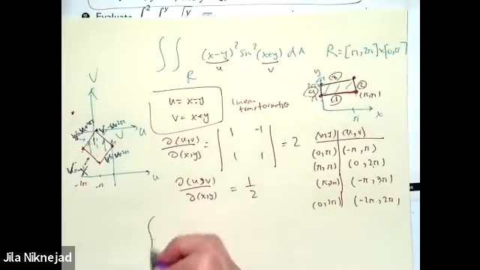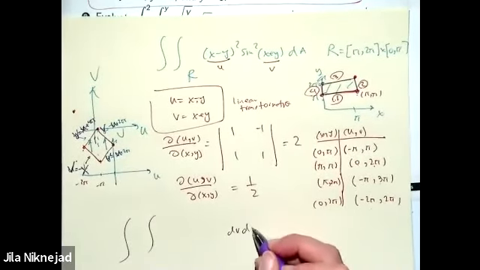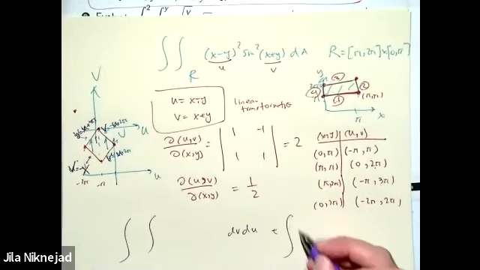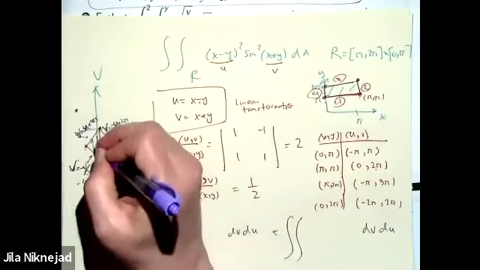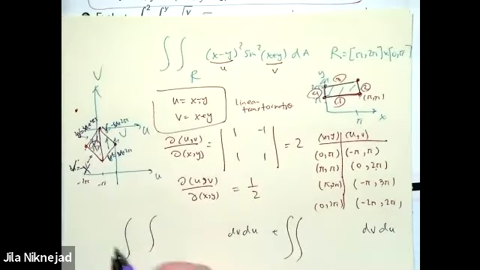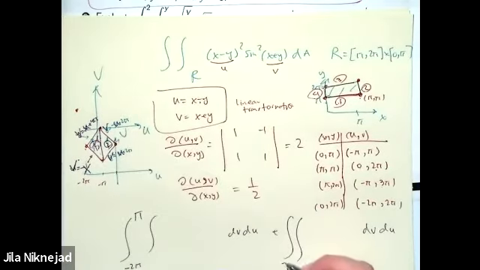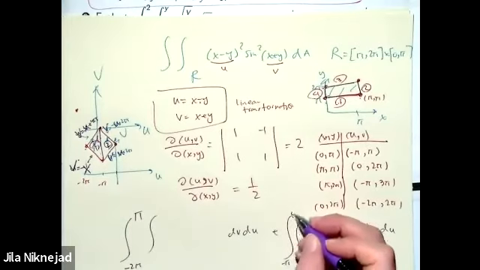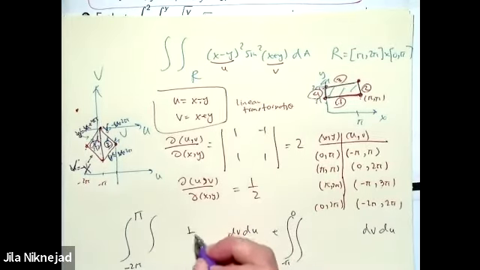Set them all up, 2 sets, dV inside, dU outside. This region 1, U goes from negative 2 pi to negative pi. The region 2 goes from minus pi to 0. And then don't forget the Jacobian.